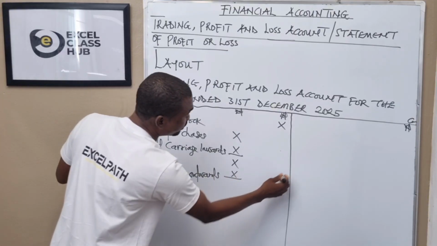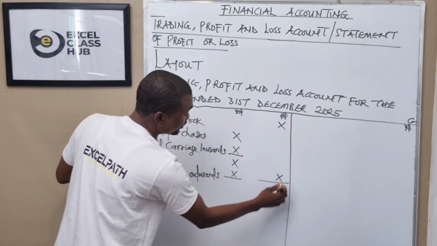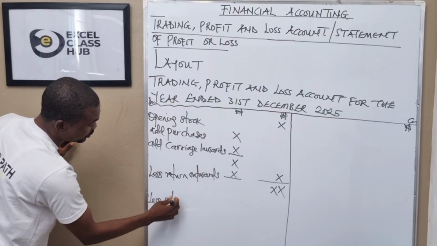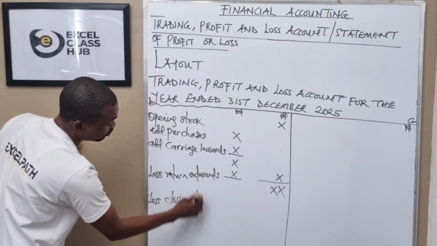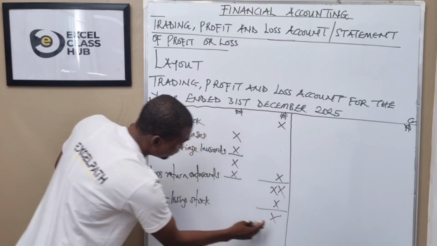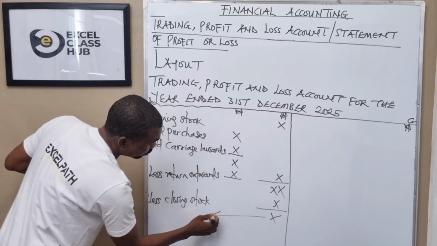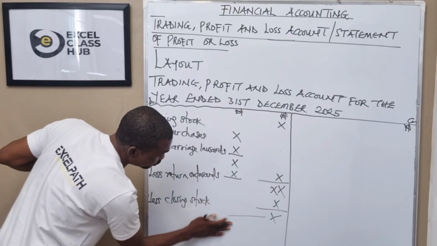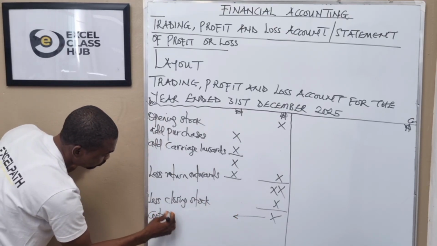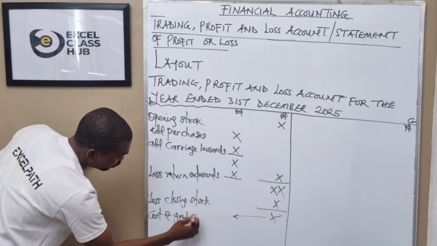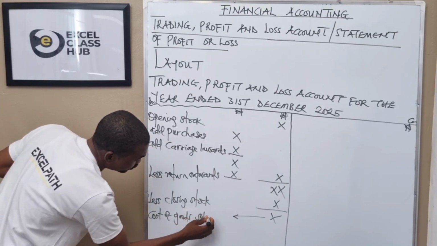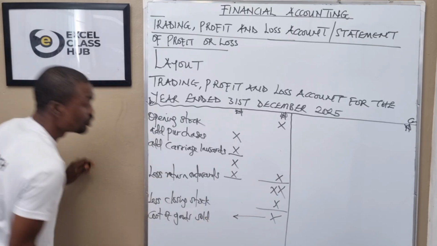So when you less, you bring the balance here. Then you add this and this together. After that, you can now less your closing stock or your closing inventories. So when you less, this figure stands for cost of goods sold, or you can also call it cost of sales.